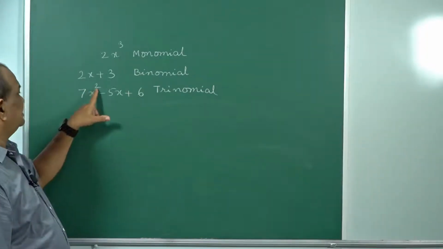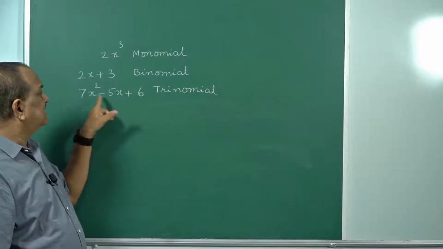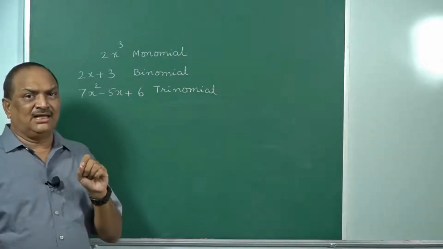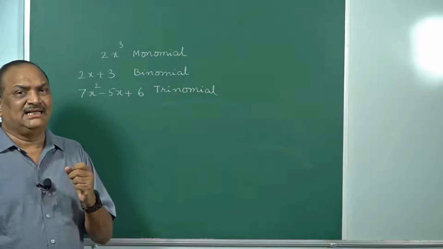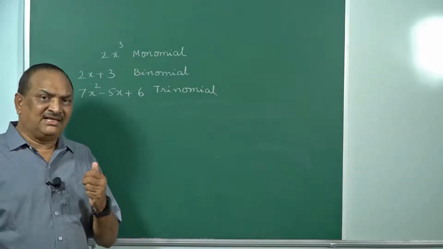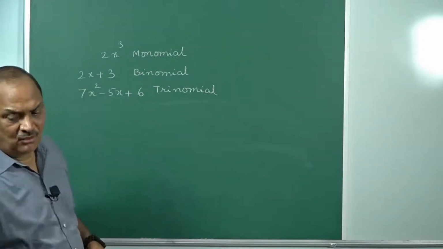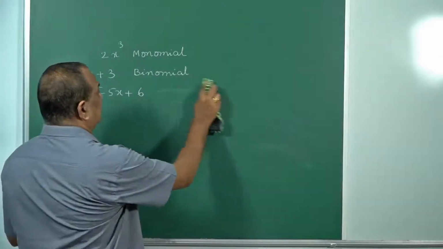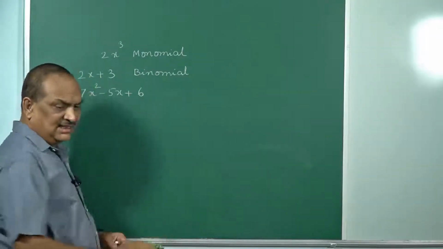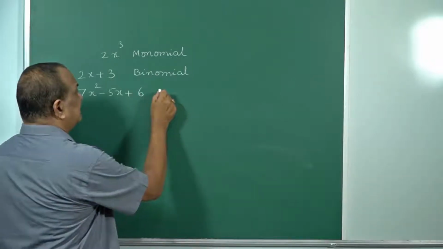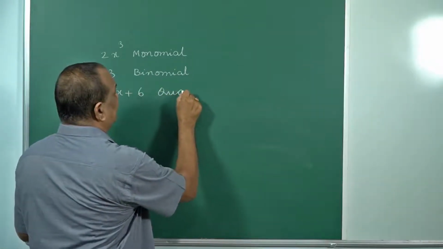So this polynomial is called a quadratic polynomial. Second degree polynomials have another name; we call them quadratic polynomials. Precisely a trinomial, of course, there are three terms, but remember, this is a quadratic polynomial.